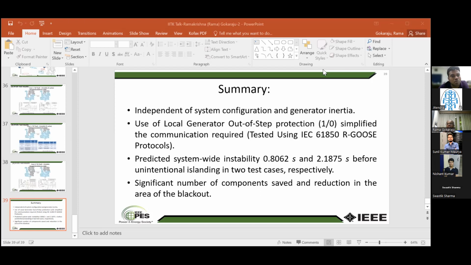If the generator is operating at 30 degrees, a disturbance happens, and before 150 degrees, if the accelerating area and the decelerating area become equal, then the system will evolve into a stable condition. So that is a stable condition, right?